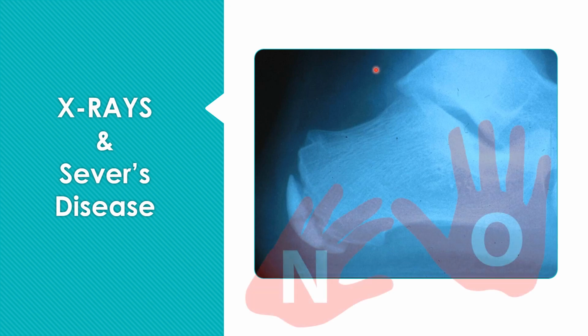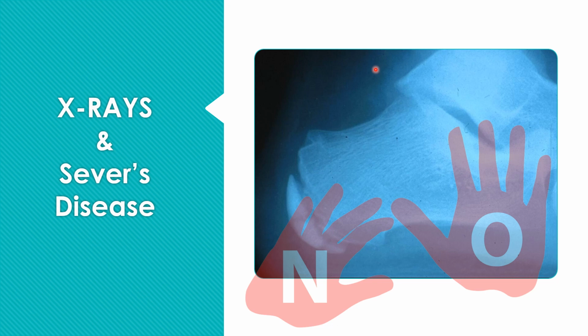X-rays, well, no, we mustn't be sending patients that we think have got Severs for X-rays. You'll get your knuckles wrapped by the radiologist for doing this. Historically, we do this all the time, but then historically we do lots of things that we don't do nowadays. The X-rays have a very, very low sensitivity and a very low specificity. In other words, they're pretty useless for diagnosing this condition.